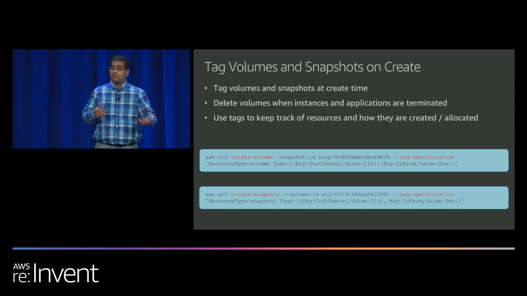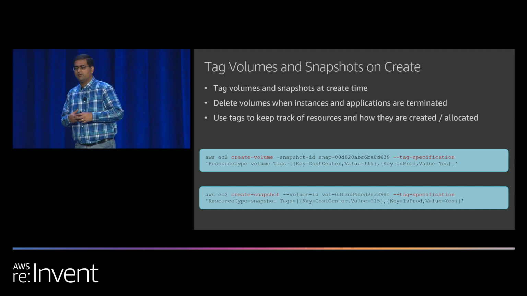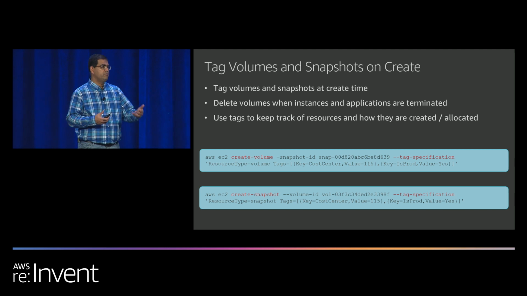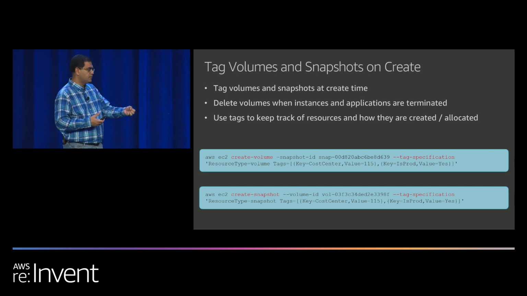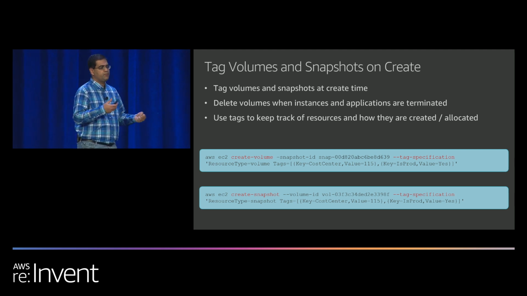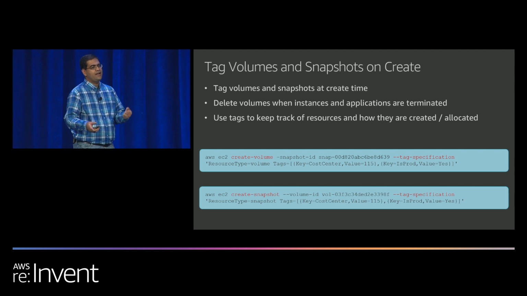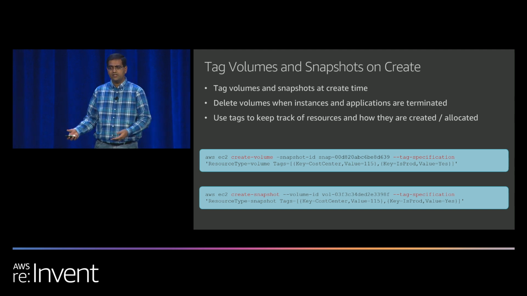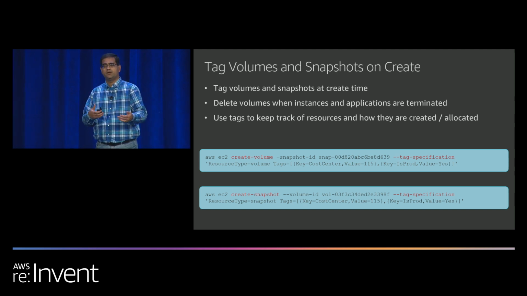Both volumes and snapshots, as you can see from the commands there, support tag on create. Use tags on create to make sure you understand what the purpose of that volume was, what the purpose of the snapshot was. And as your needs change, you now have trackability and traceability. You can also use cost allocation tags on your snapshots to keep tabs on how your cost changes for your customers.